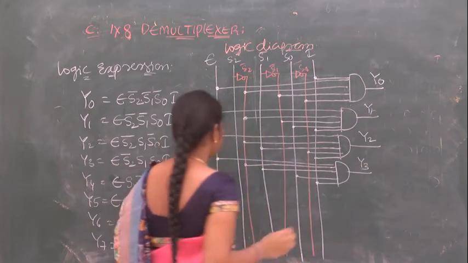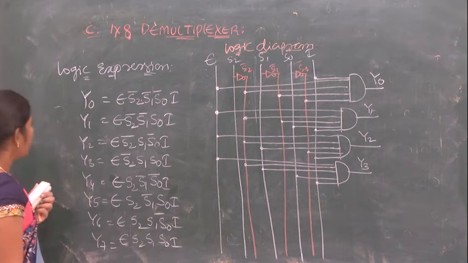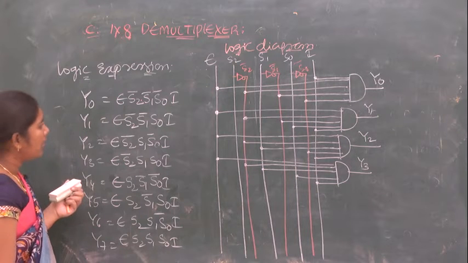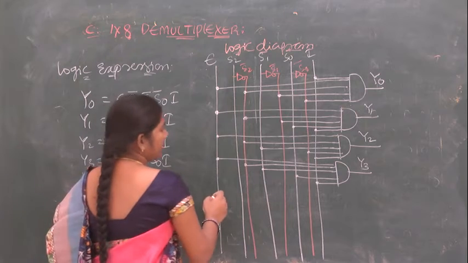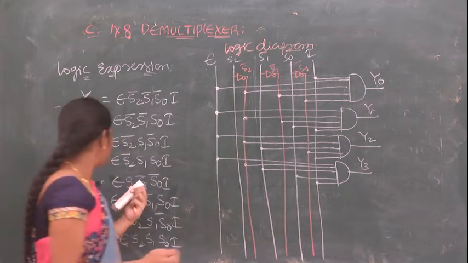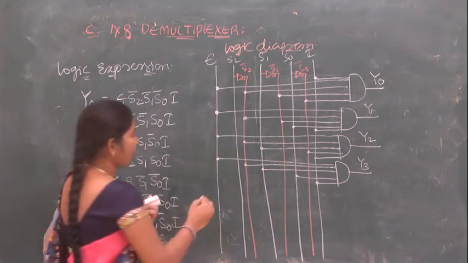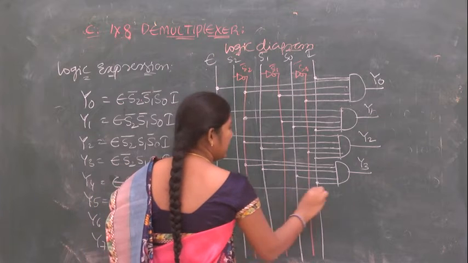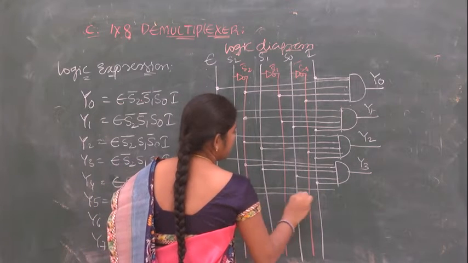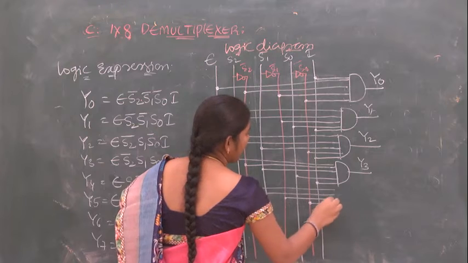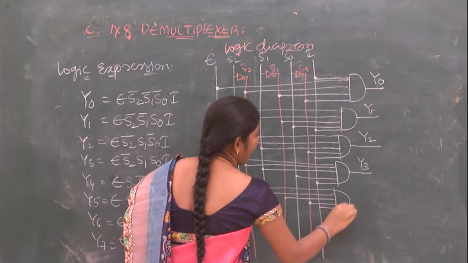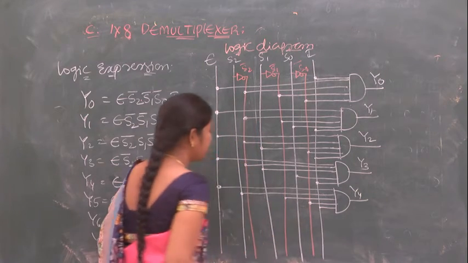So this is Y3. For Y4, what is Y4? E, S2 and S1 bar, S0 bar and I. So that will get Y4.